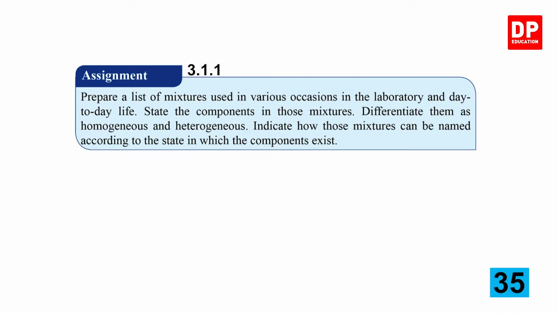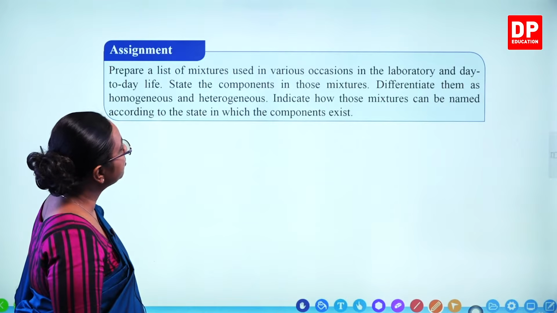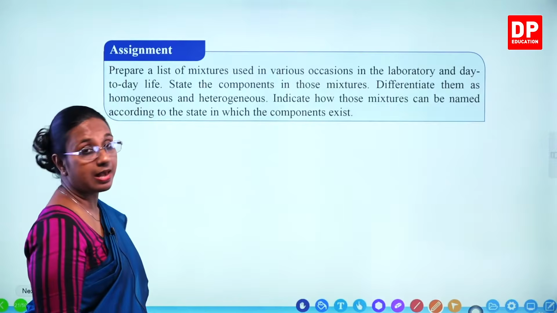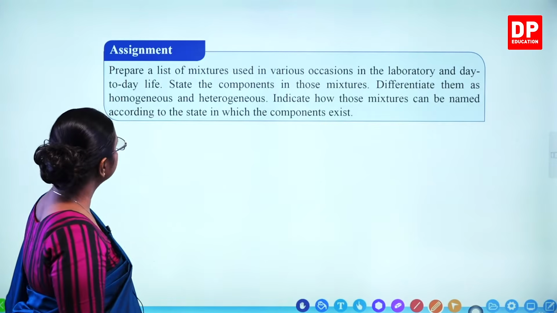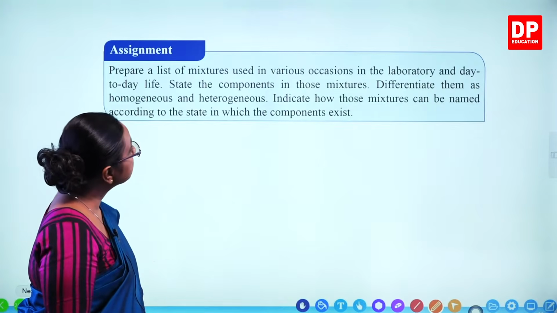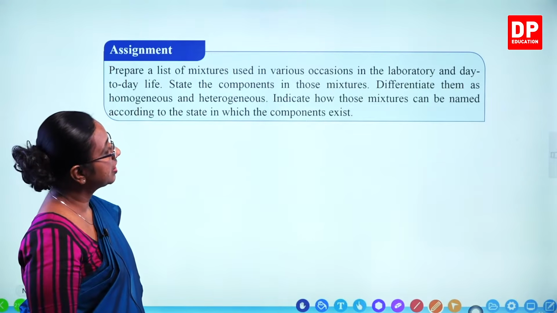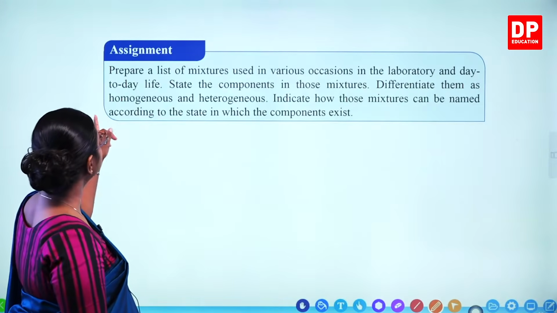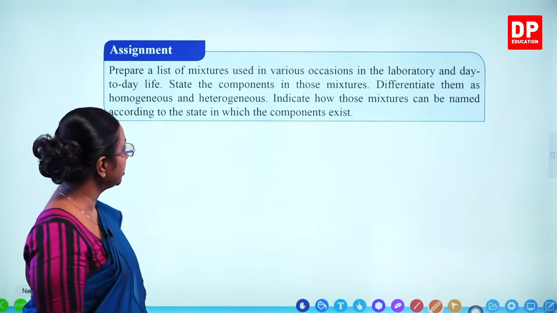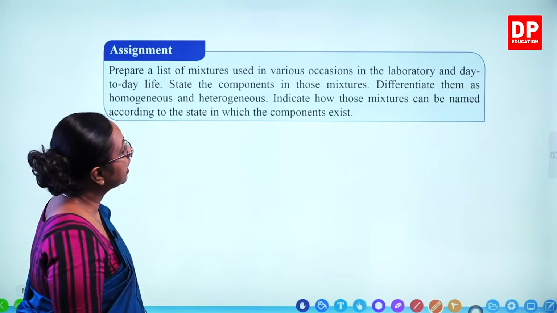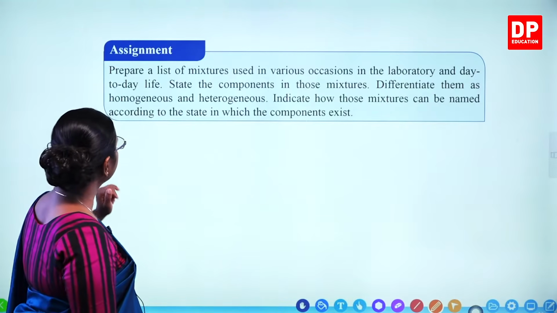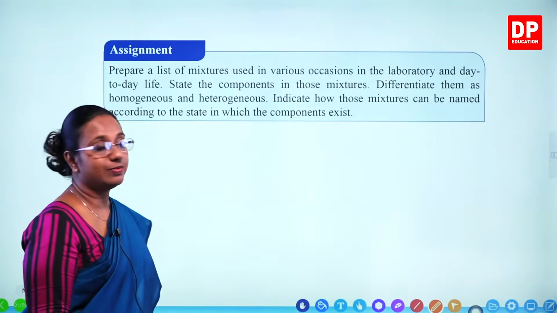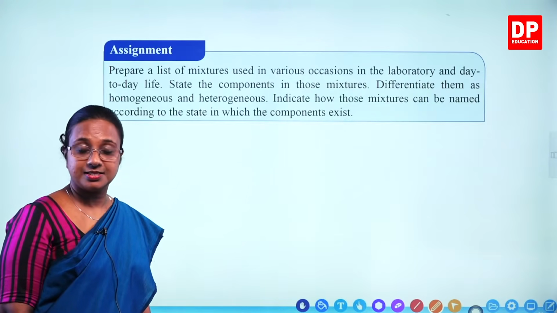An assignment. Prepare a list of mixtures used on various occasions in the laboratory and day-to-day life. State the components in the mixtures. Differentiate them as homogeneous and heterogeneous. Indicate how those mixtures can be named according to the state in which the components exist.